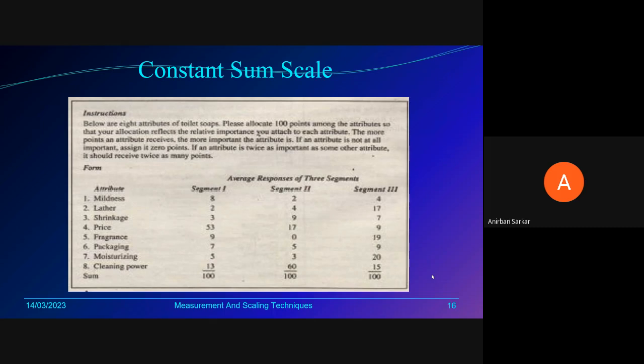There is no score between 20 to 50, and from 60 to 100 for segment 1. This is true or not? Yes, sir. So you cannot say that you have used the entire scale. If you have not used the entire scale, it will not be interval data. It will be ordinal data. If you are confident enough that you have used the entire scale, then you can say it is interval data.